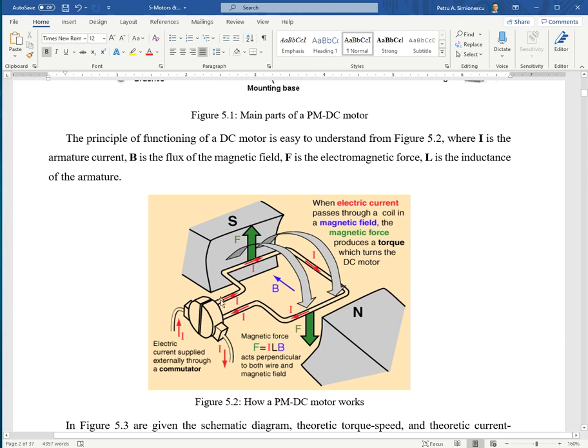There are multiple loops, but here just a single one is shown. The interaction between the current vector and the field vector, the right-hand rule, it's a cross product you remember from other classes, creates this magnetic force that tends to rotate the coil, and together with it the rotor.